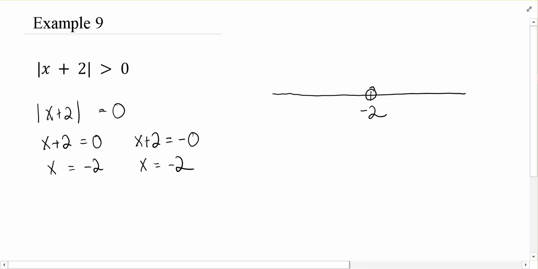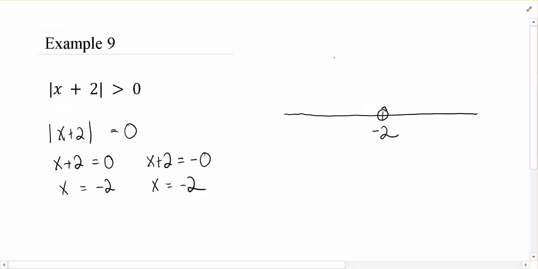Now, if we want to use the V method again, we absolutely can. We're supposed to draw a V that intersects our line at the solutions where we have drawn. So if I want to draw a V here, the way that we do that is the point of the V is right there.